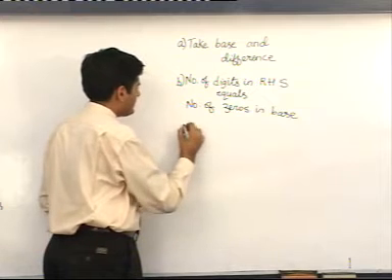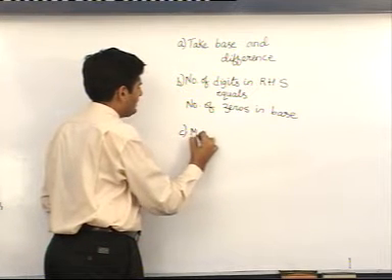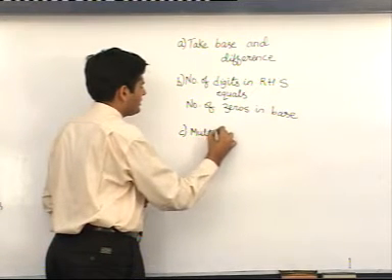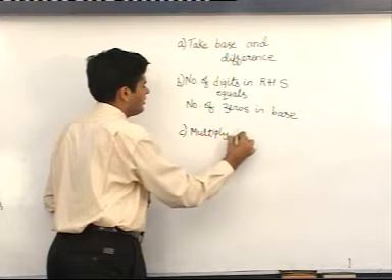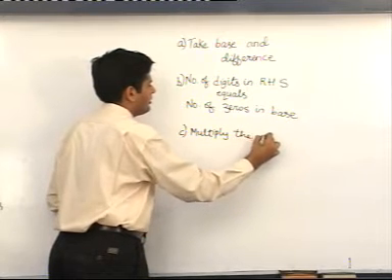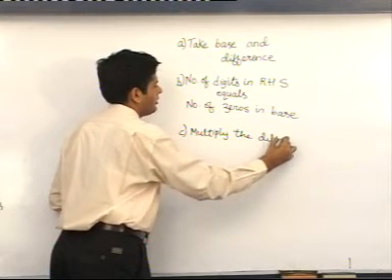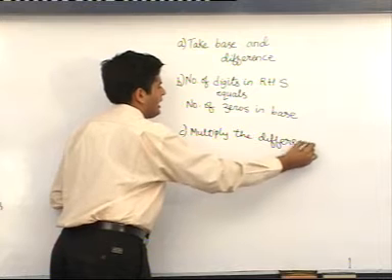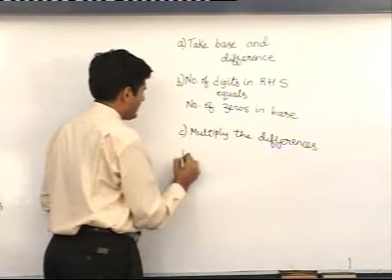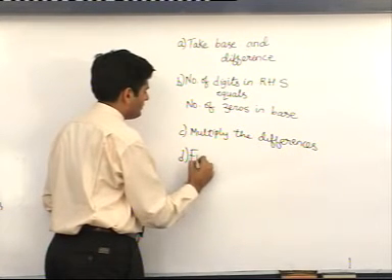Step C says multiply the differences, and step D says find the cross answer.